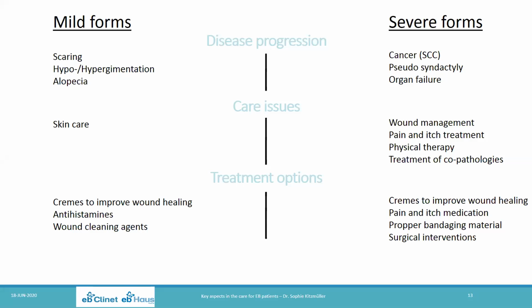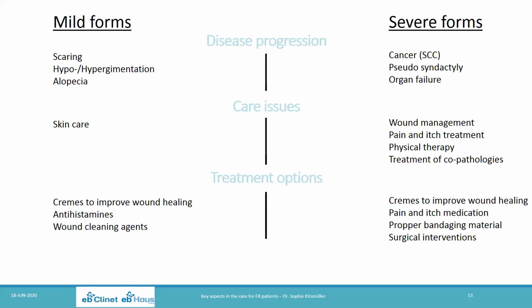In severe forms, creams to improve wound healing are mainly daily accessories. Pain and itch medication have to be very carefully taken. You have to think about proper bandaging material, something that in mild forms usually is not that big a deal and not that big an issue.